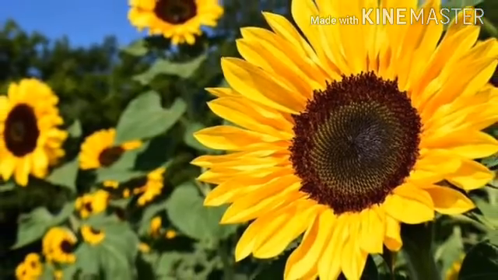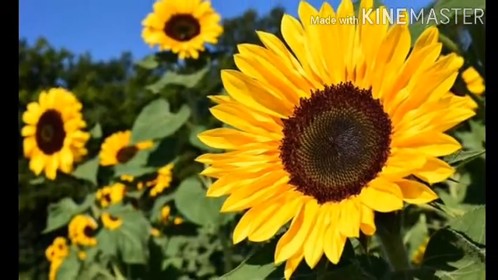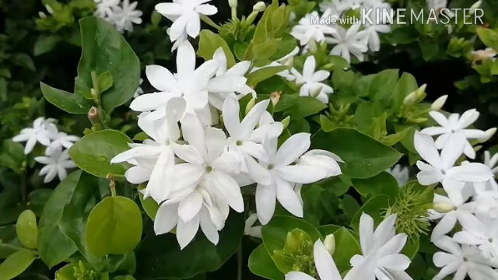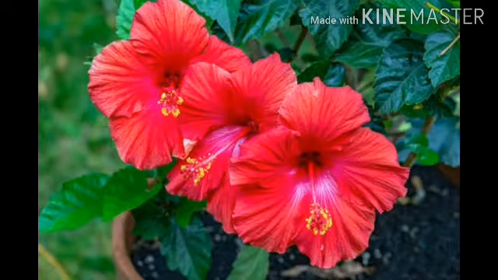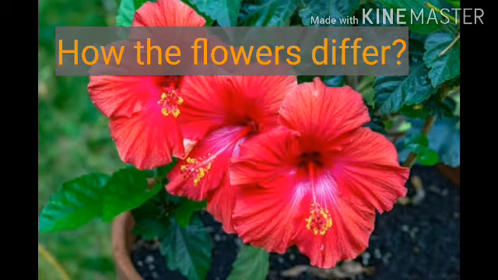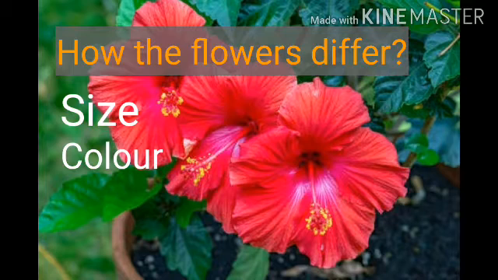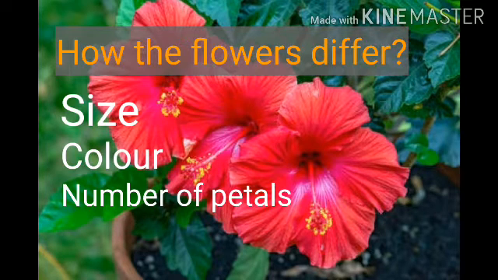No. They look different from each other. Now, can you say what differences you see in them? They are found to be different in their size, color, number of petals, shape, etc.